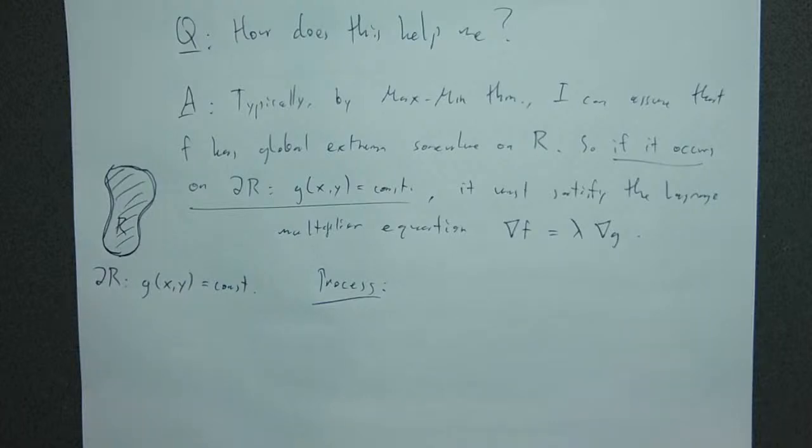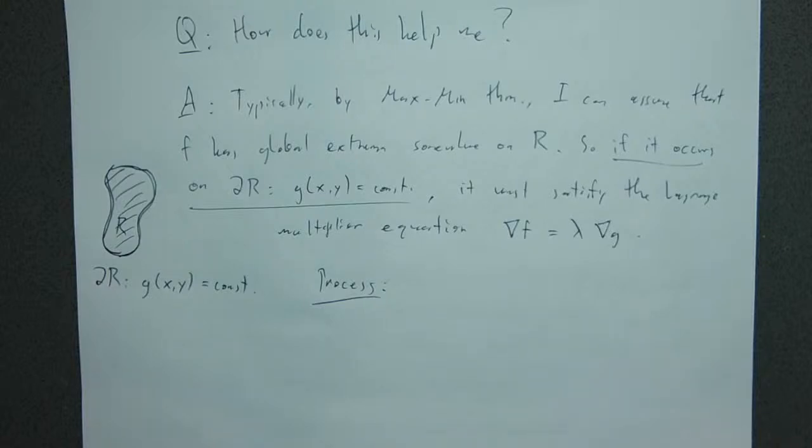Now, if it happens at a critical point in the interior, we know how to deal with that. That's the second partial stuff. So that's me finding critical points and just testing all the values. But finding it on the boundary is what this Lagrange multiplier business takes care of.